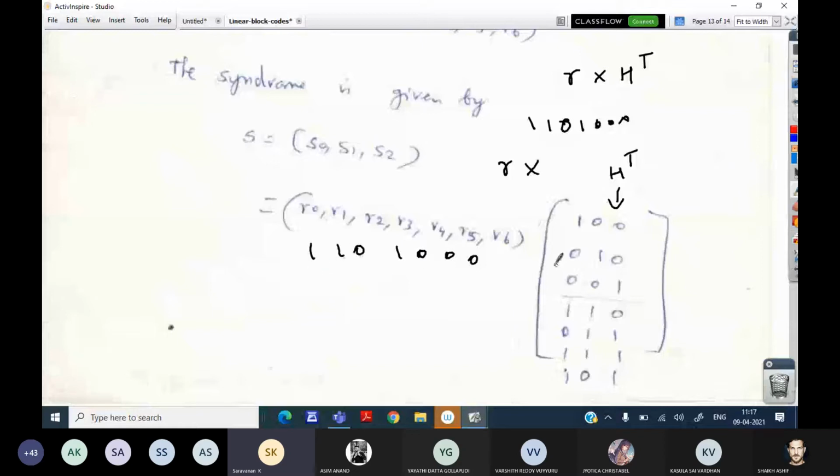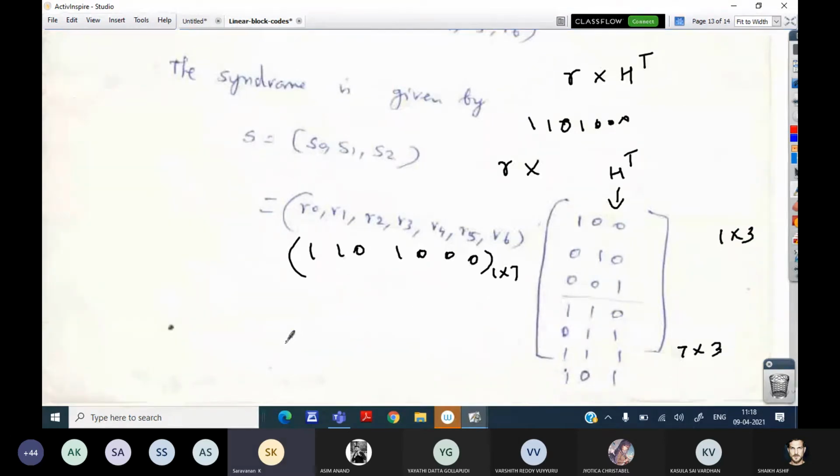Can you multiply and tell me? This is a 1 cross 7, a row matrix, so 1 row and 7 columns. H transpose is 7 cross 3. When you multiply these two matrices, the result is going to be 1 cross 3.